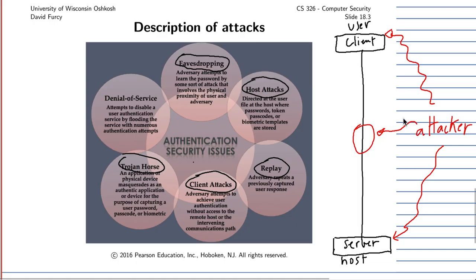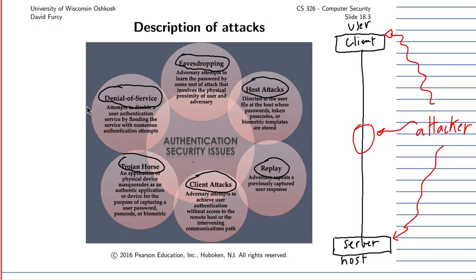And then a completely different type of attack, because this attack is not necessarily trying to steal the credentials of a user, but is to attack or breach the availability of the system. It's called the denial of service attack. So in this case, the attacker is trying to prevent the user from authenticating themselves to the system at all.